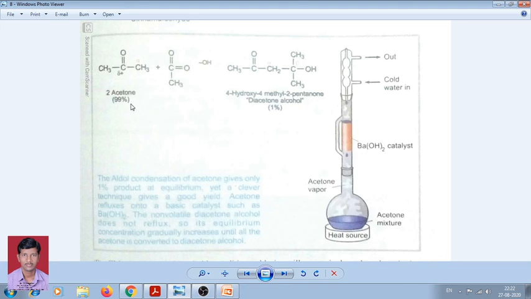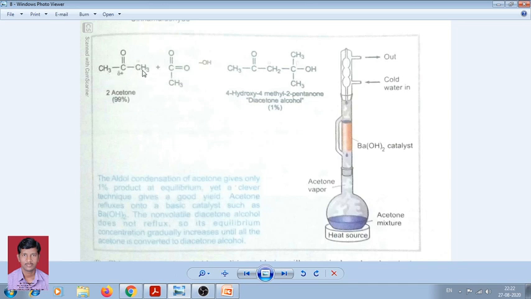Here also CH3CO, CH2, COH, CH3, CH3. This is the condensation between two ketones. Two ketones means two acetone molecules are used, and here there is a print mistake. What is the formula of acetone?